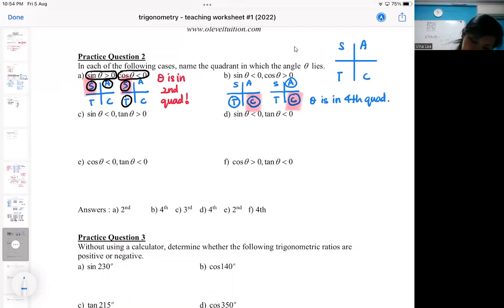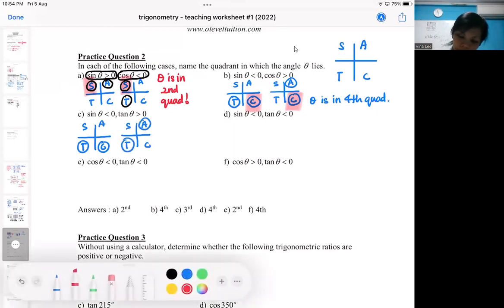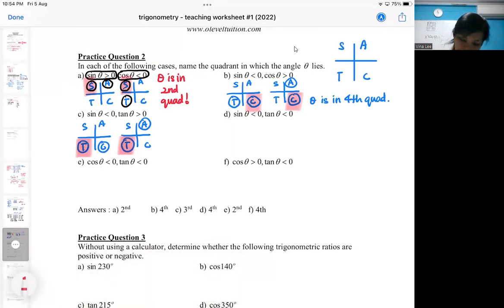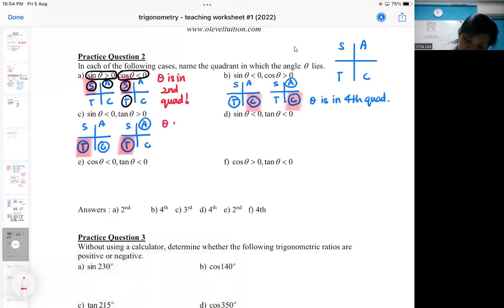So carry on, sine negative, third and fourth. Tangent positive, A and T. So the common one means theta is in the third quadrant.